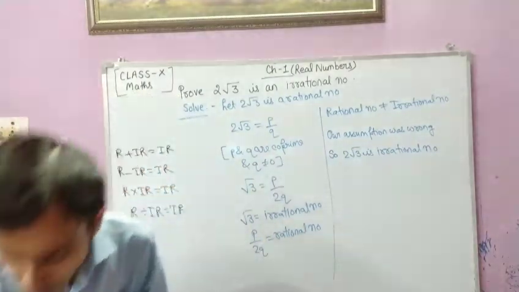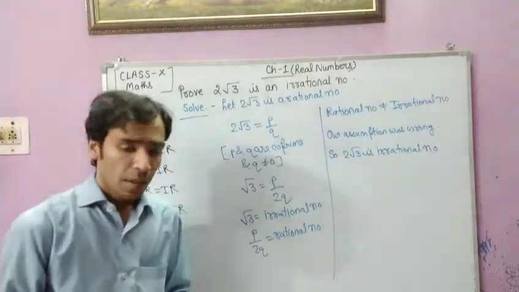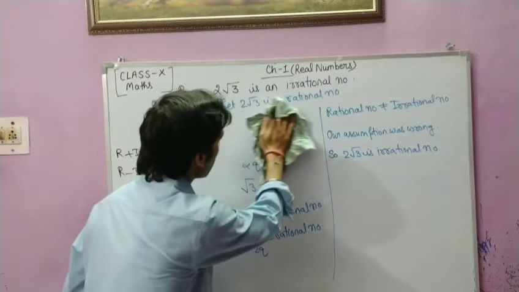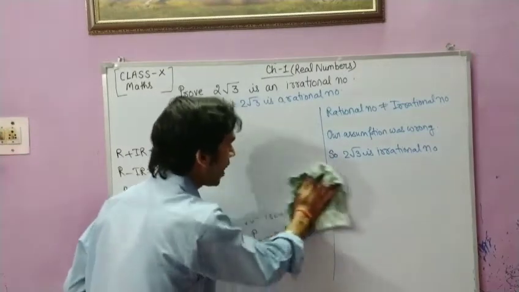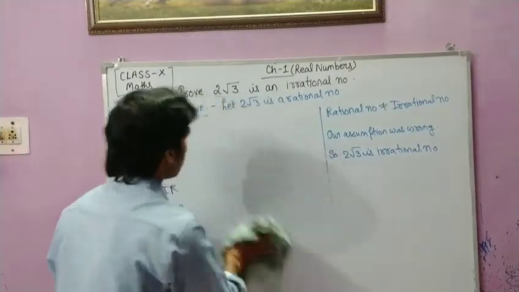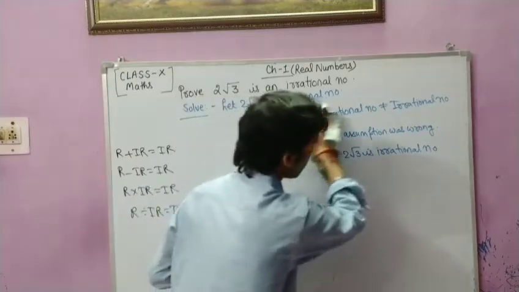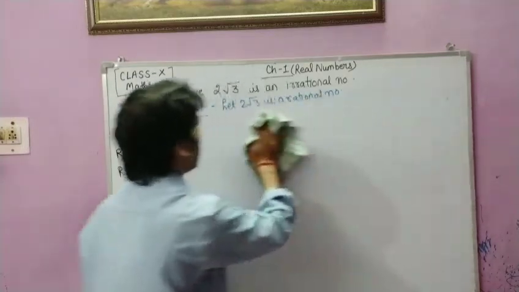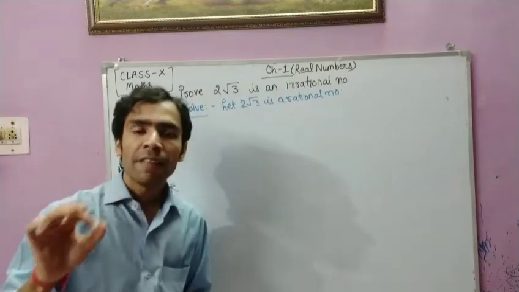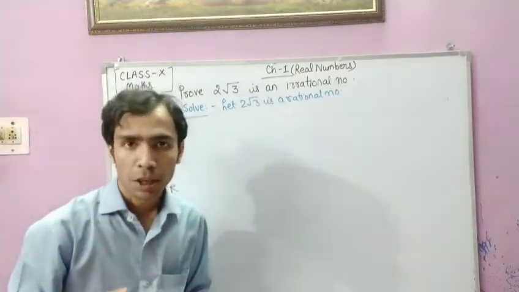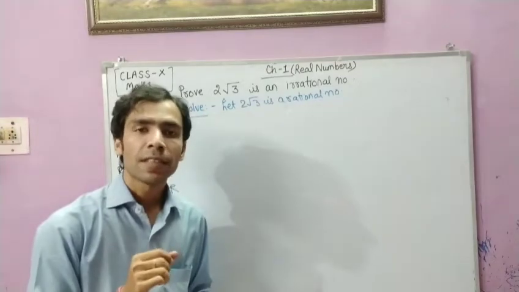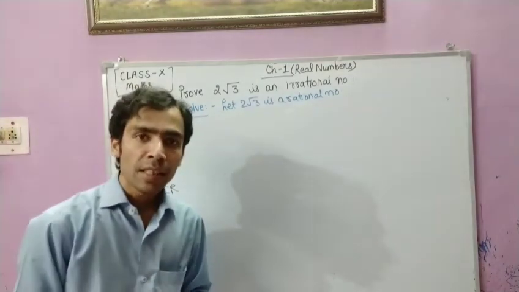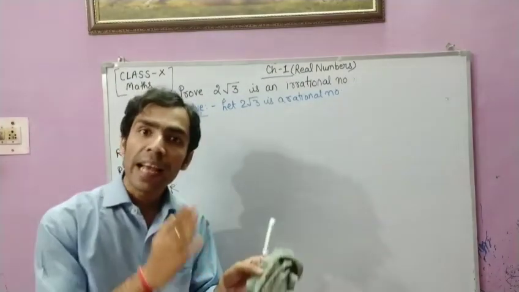Now there is another type we have to discuss: suppose the combination of irrational and irrational comes, meaning whatever numbers are coming, both are irrational. In the starting we learned how to prove root 2 is an irrational number. After that we saw the combination of rational and irrational. Now we will see the combination of irrational and irrational.